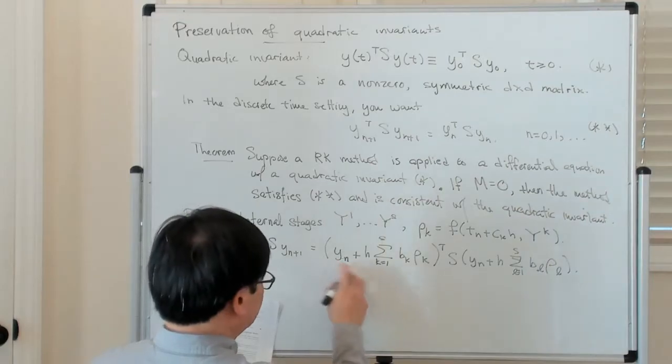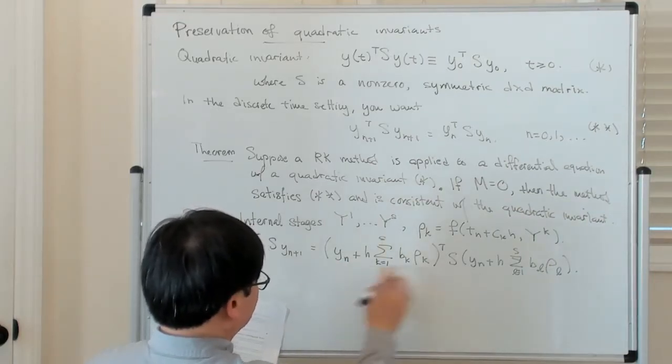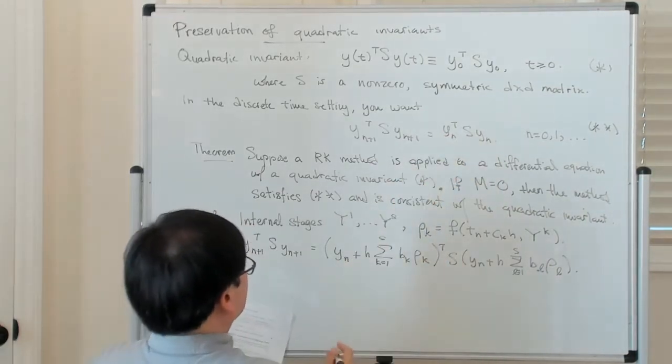Then we can take out the part of this which was the original quadratic invariant.